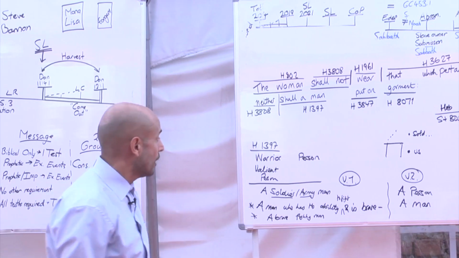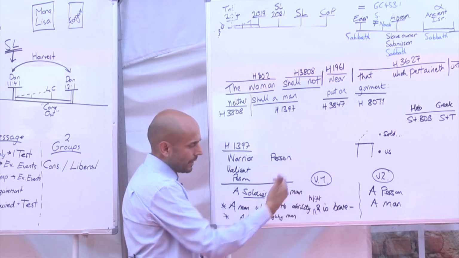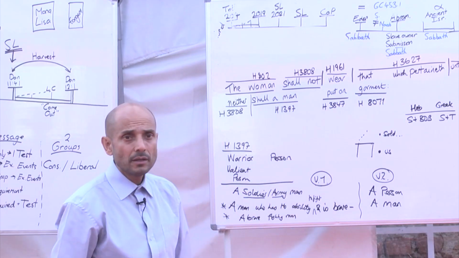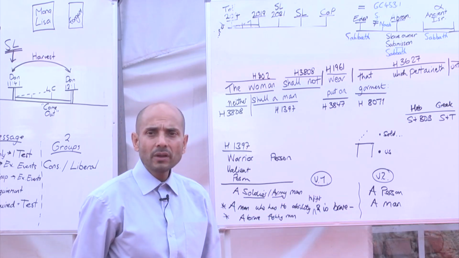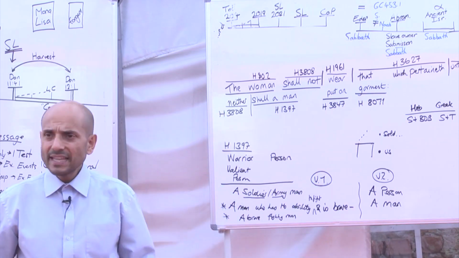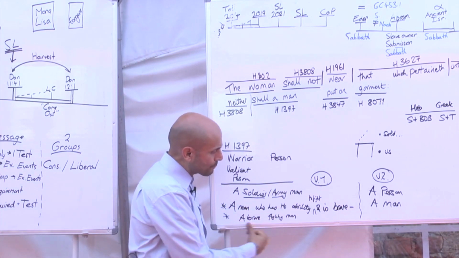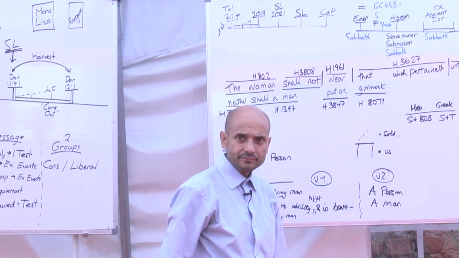So it's a valiant man, or a normal man. Then we want to understand, well, which one is the primary definition? It tells us: primarily and generally. Primarily, we're going to say means most correct. Generally means least correct. We've got a definition of number 1, a brave fighting man. Version 2, just a man.